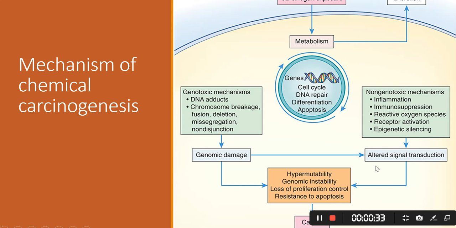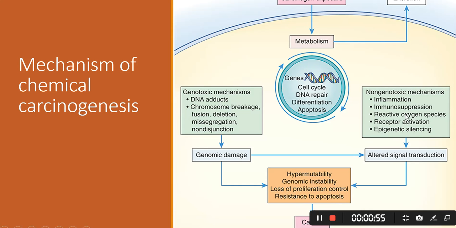Now what is the mechanism of chemical carcinogenesis? I already said, okay, the carcinogenic exposure, metabolism, the cell cycle. Either it can cause some problems in the DNA, in the chromosome breakage, which leads to genomic damage, which can lead to hypermutation, genomic instability, which can lead to cancer.